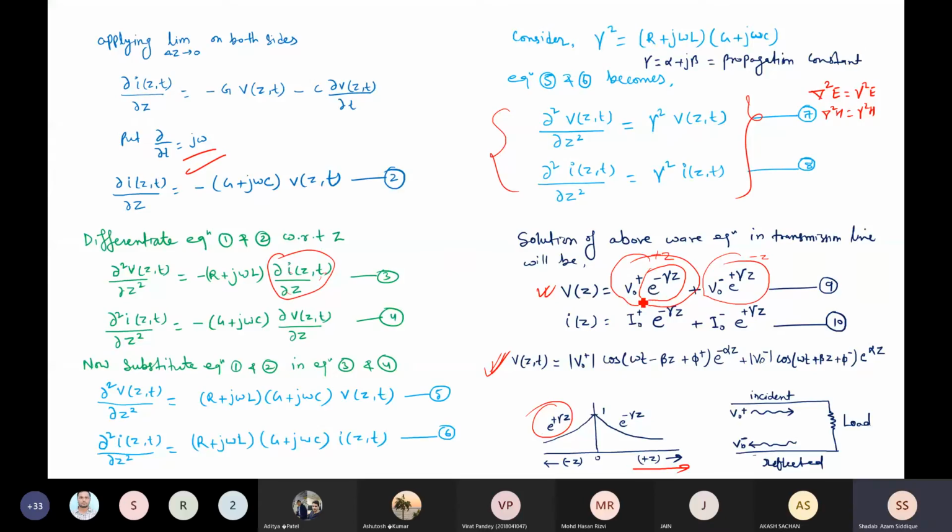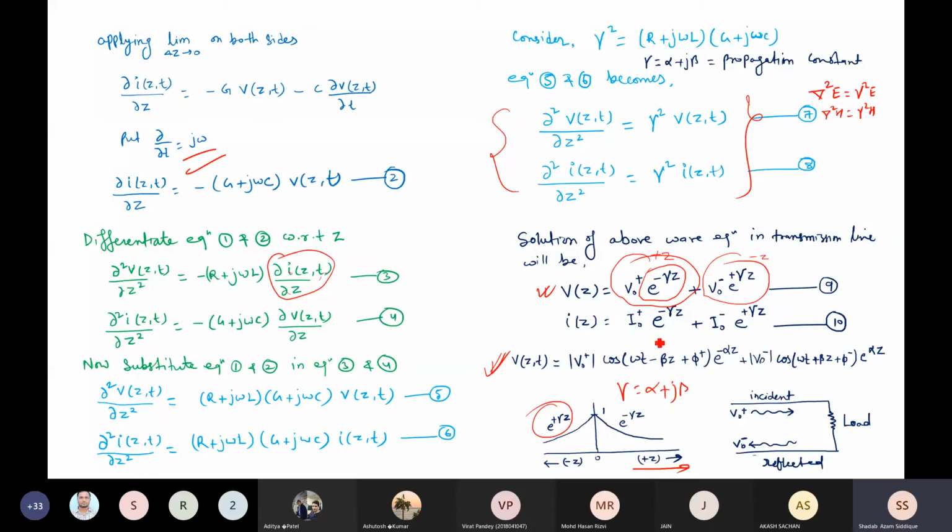Now, if you want to consider the time domain also, it will be written in this form: V naught plus cos(omega t minus beta z plus phi) times e to the power minus alpha z, because gamma can be written as alpha plus j beta.